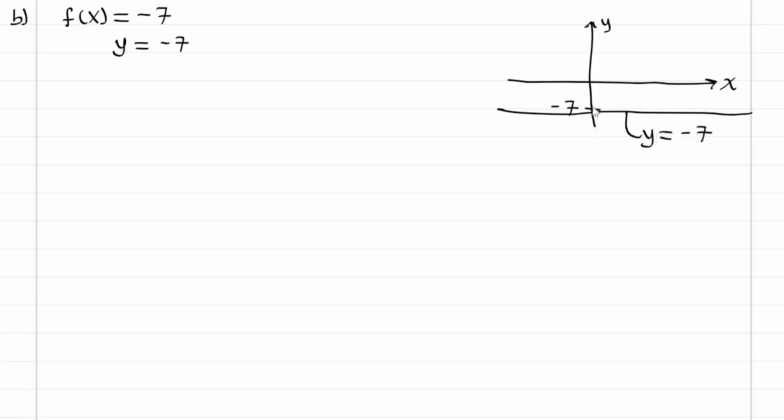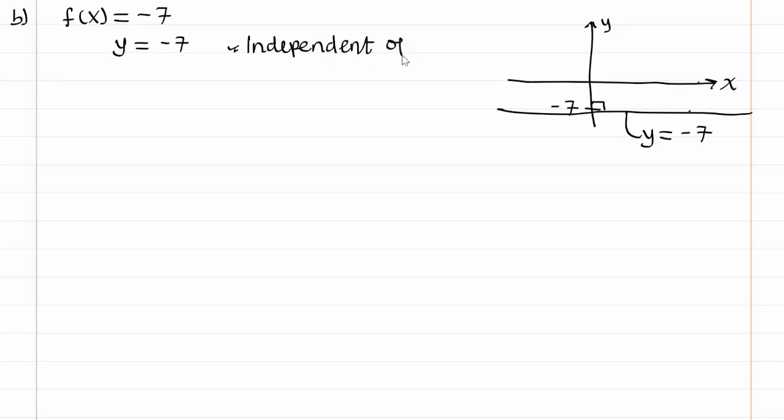And clearly we can see that it is perpendicular to the y-axis and is parallel to the x-axis. Since it is parallel to the x-axis, they do not meet. The line does not intersect the x-axis. Therefore, it is independent of x. We have seen that the function is independent of x.